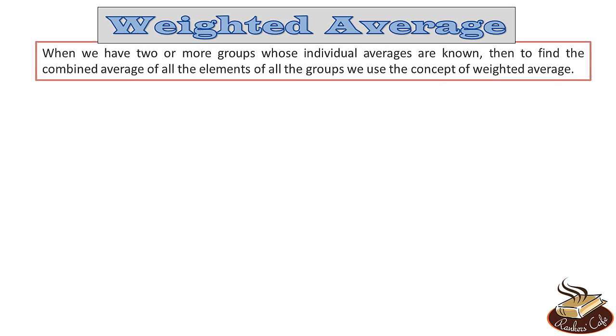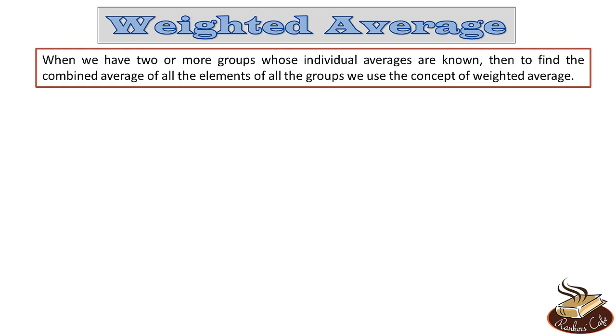When we have two or more groups whose individual averages are known, then to find the combined average of all the elements of all the groups, we use the concept of weighted average.